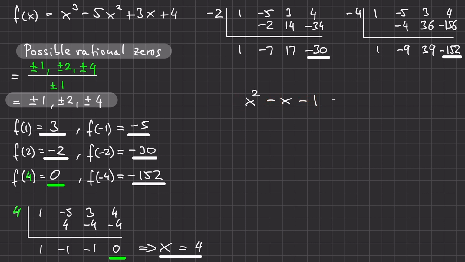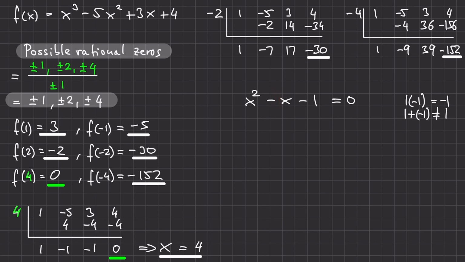To see if we can factor this, we have to ask the question, which two numbers multiply to negative 1, and which of the same two numbers add up to 1? The only two numbers which multiply to negative 1 are 1 and negative 1. But 1 plus negative 1 does not equal 1.